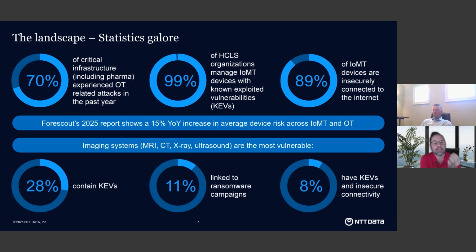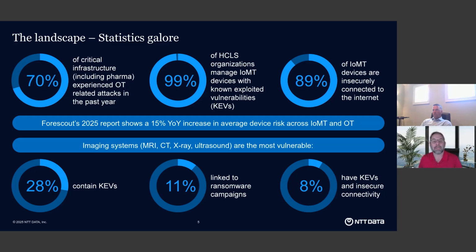But studies have shown that 70% of critical infrastructure, including pharmaceutical companies, experience operational technology-related attacks in the past year. 99% of healthcare life sciences organizations that manage IoMT devices, those devices have what we call KEVs, or known exploitable vulnerabilities, right? So these are devices that are actively exploitable right now.